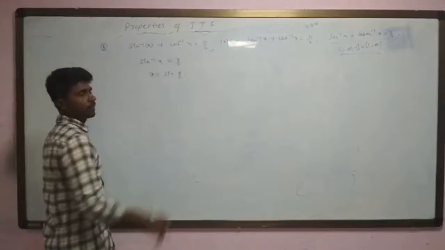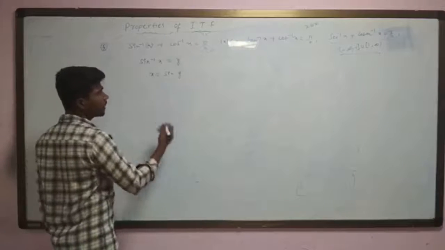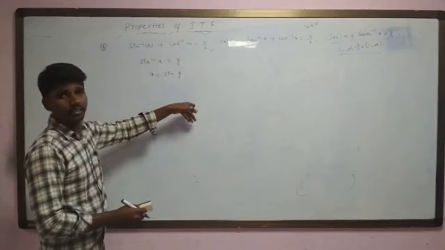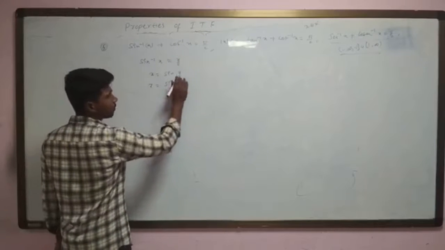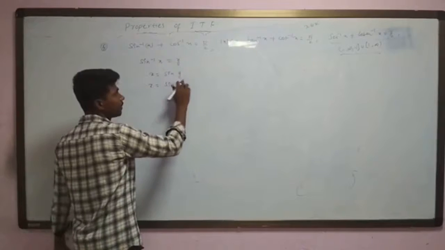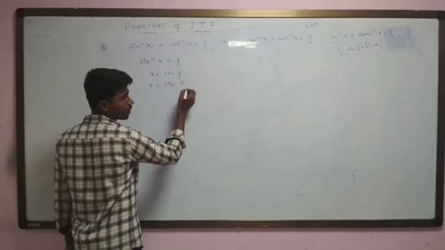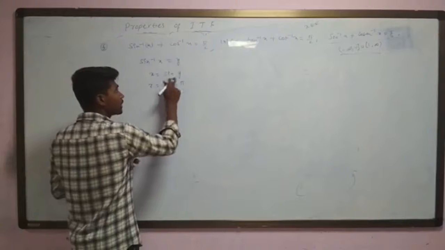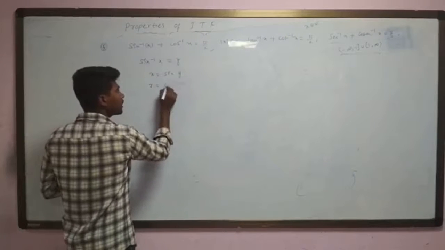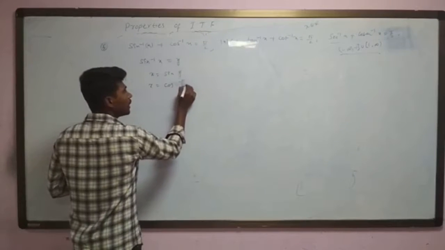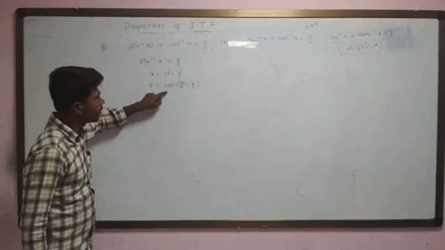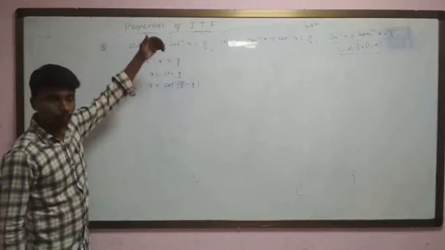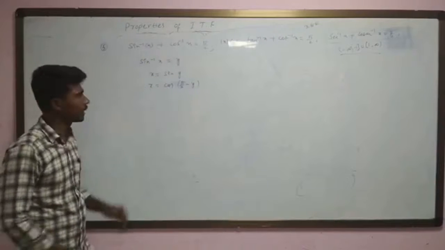Sin can be converted in terms of cos, like sin of 90 minus theta is cos theta. So I can rewrite this sin y as cos of 90 minus y, which we took from complementary angles.